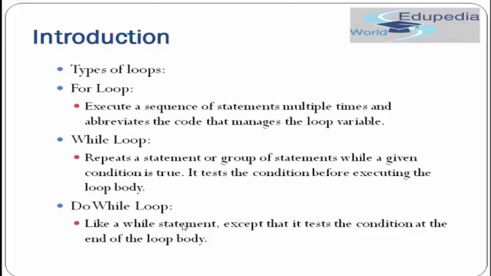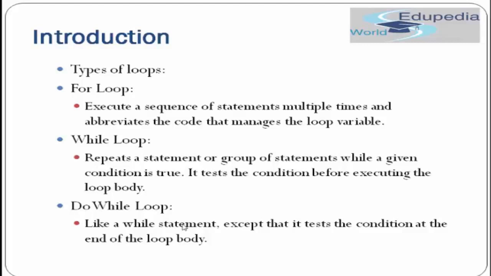The for loop executes a sequence of statements multiple times and abbreviates the code that manages the loop variable. In a for loop, the initialization, termination, and increment are a part of a single statement. It's an abbreviated form. Everything is written in a single statement, and it's a very commonly used loop.